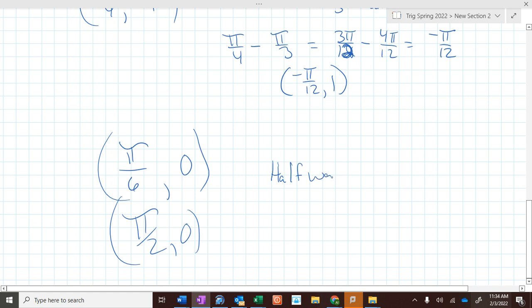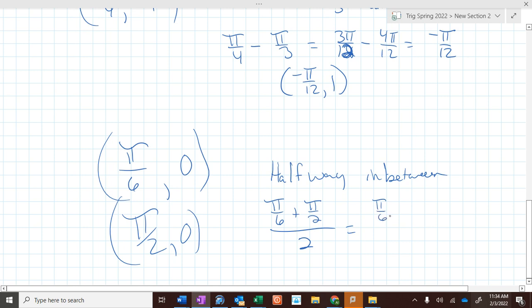What's halfway in between? So, how do we find halfway in between those two? Well, pi over 6 plus pi over 2, and to find halfway, you divide it by 2, because it's the average. Well, what's pi over 6 plus pi over 2?